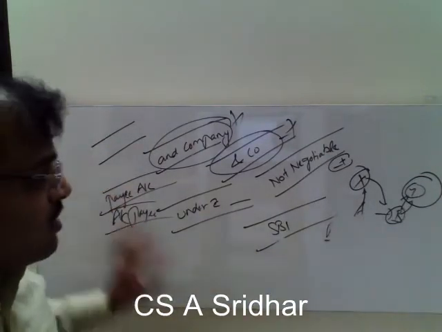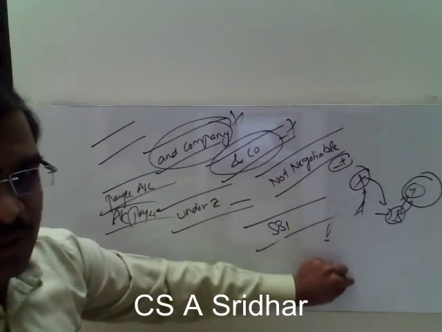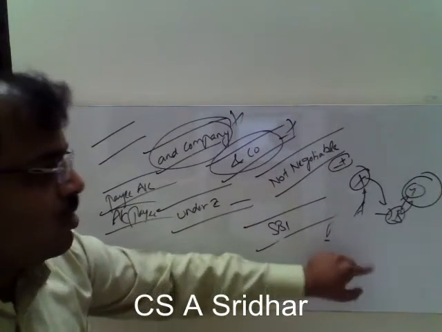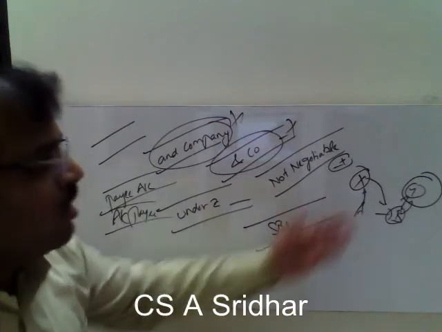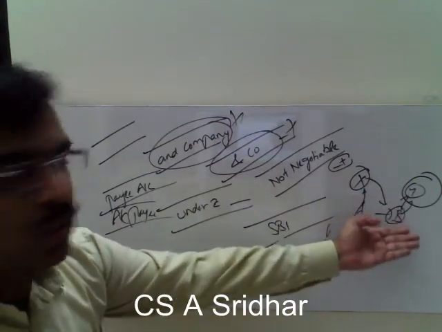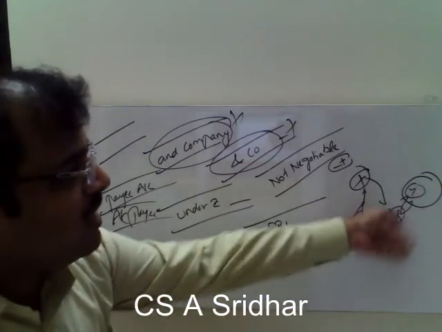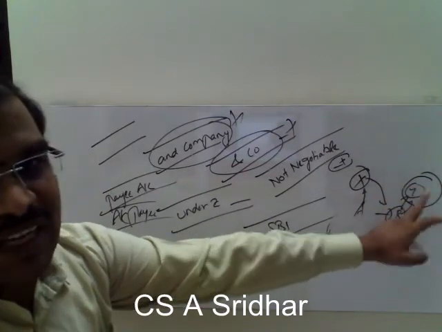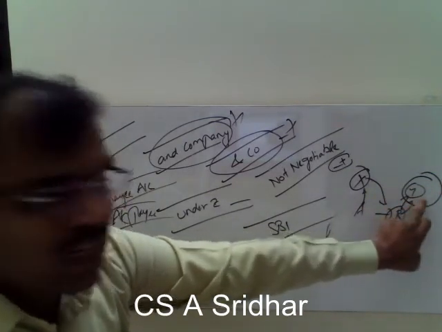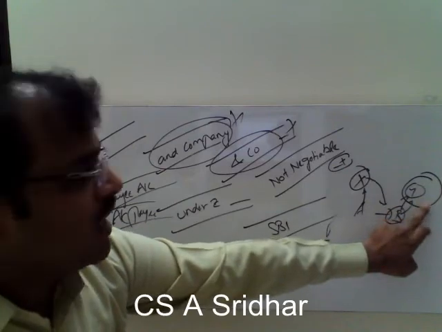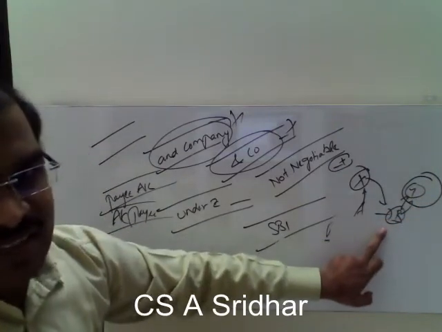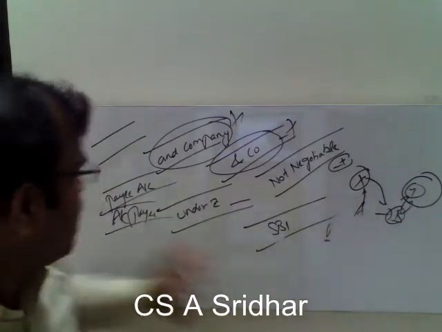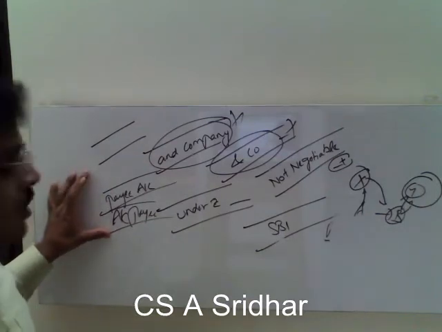Account payee means whoever's name is on the instrument is entitled to receive the payment, so it has to be deposited to his account only. Because the paying banker is not expected to know who is B. When B submits the instrument to Y, his banker shall verify whether B's name is there on the instrument or not. So that is the meaning of account payee.